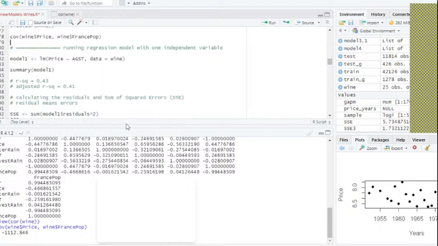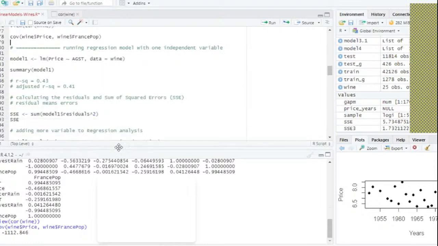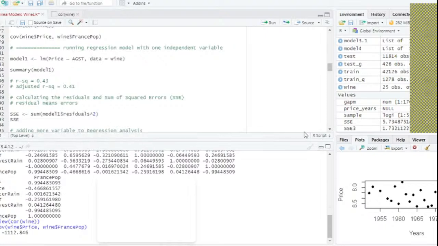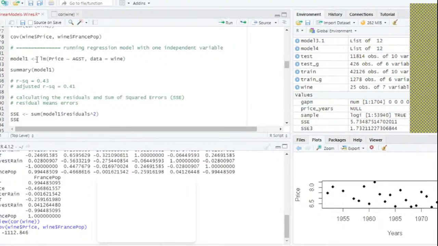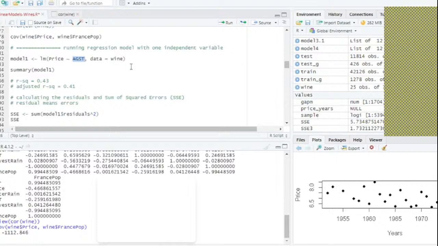Now, let's run the model. Let's create a regression model. The regression model is created with the command LM, line number 82. LM means linear model. Right now, I am going to create a regression model with only price as dependent and AGST as independent, just the way we moved in our discussion also.